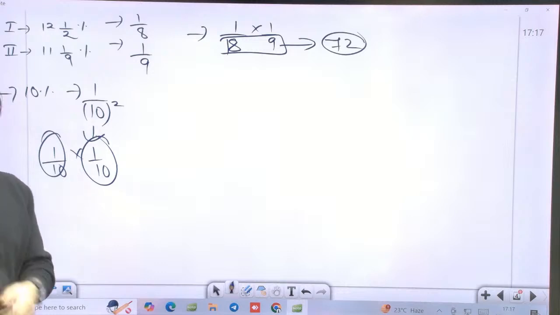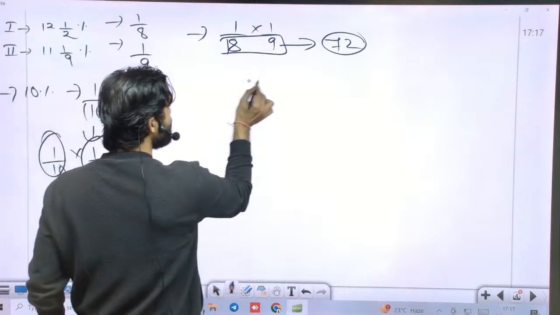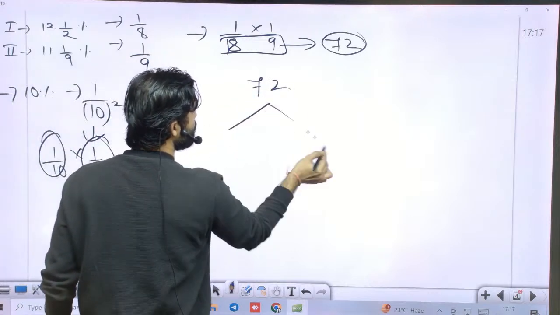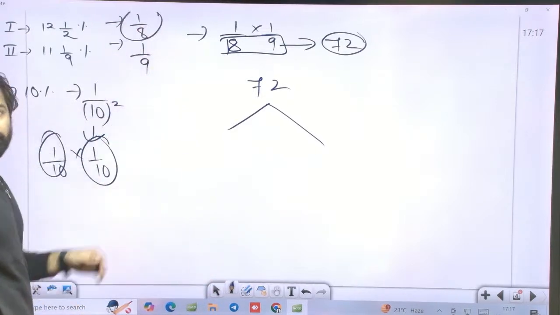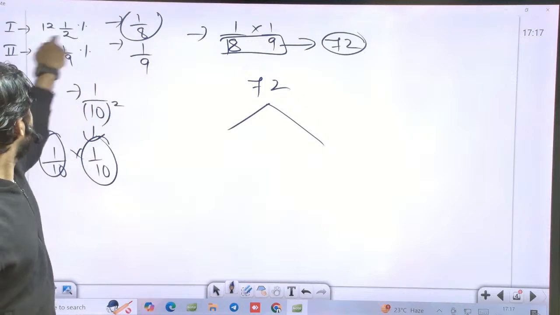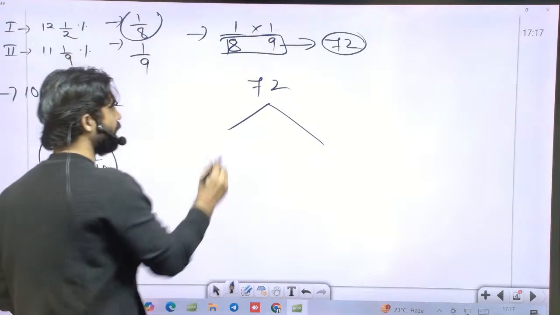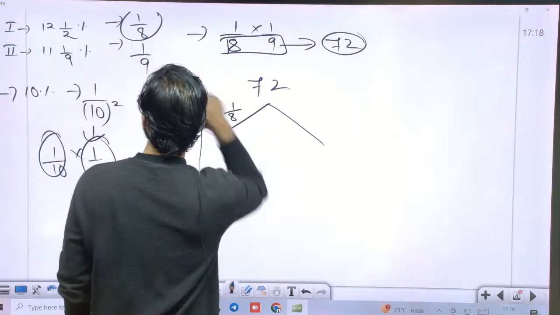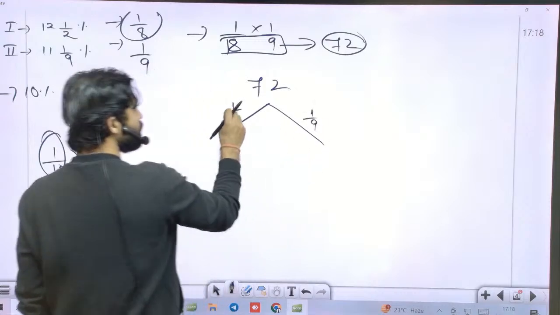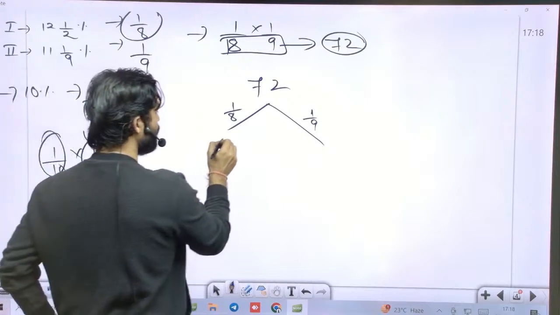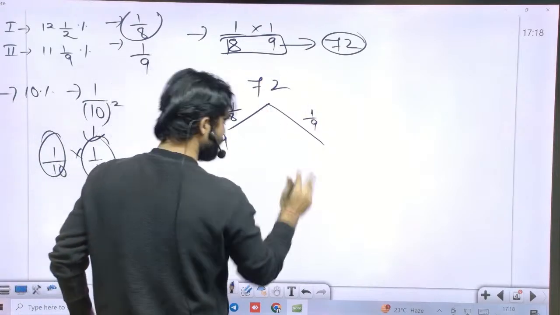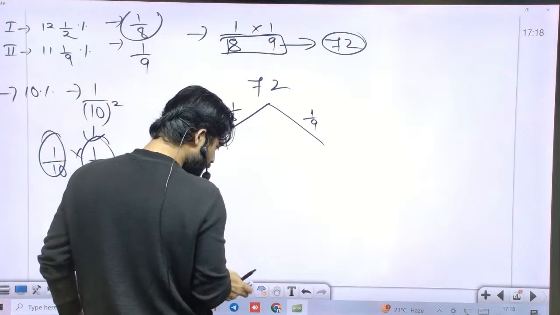Look at the board. Now the principal is 72 and the case is of 2 years. In the first year we have to collect the interest at 12.5%, so it is 1 by 8. In the second year we collect 1 by 9. So 1 by 8 of 72 is 9. Very good. And 1 by 9 of 72 is 8.